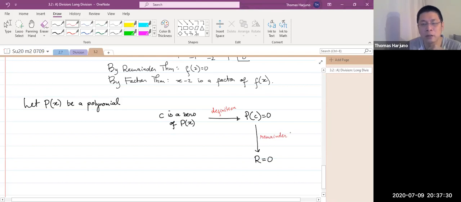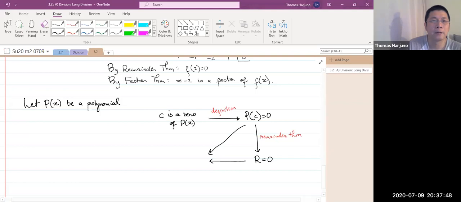If the remainder is 0, then P(c) also equals 0. Now, according to factor theorem, if the remainder is 0 or P(c) equals 0, then x minus c is a factor of P(x).